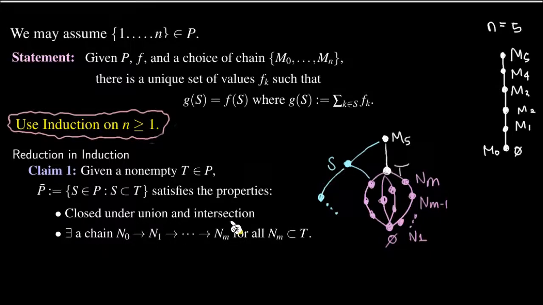Closed under union and intersection: if you have two sets underneath that T, of course the union and intersection stay contained within T. And I summarize the second condition as the existence of the chain: if I have one element as a subset in here, then I should be able to find one fewer element down there, and one fewer down there, which is actually happening in this bigger collection, and downward is very friendly to the way I constructed this new sub-collection P bar. So we have a new collection with fewer elements.